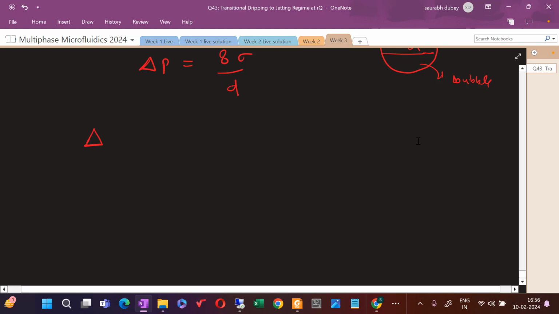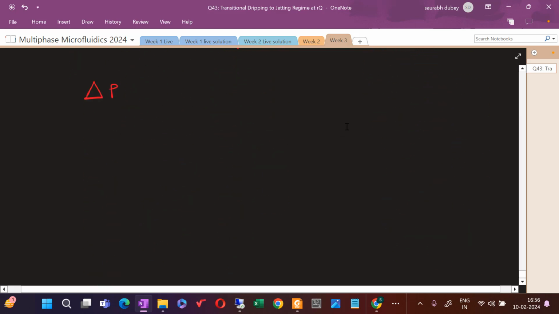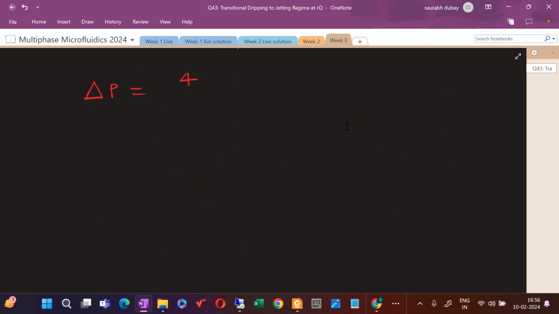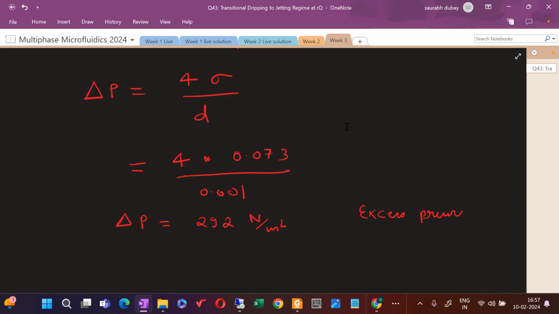For the drop, delta P equals 4 sigma by D. So 4 times 0.073 divided by the drop diameter 0.001, delta P is 292 Newton per meter square. This is the excess pressure.